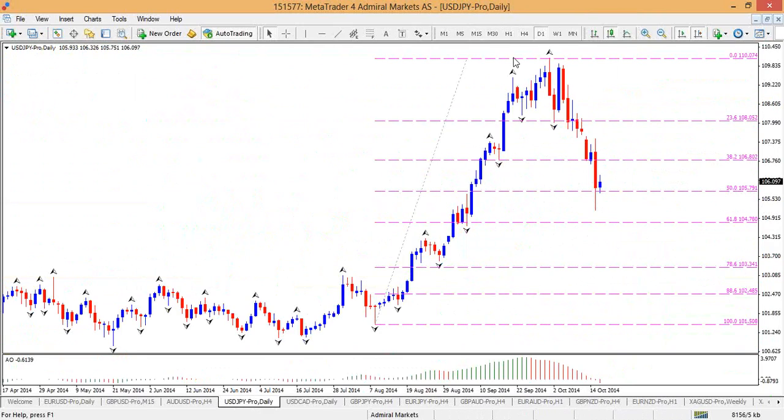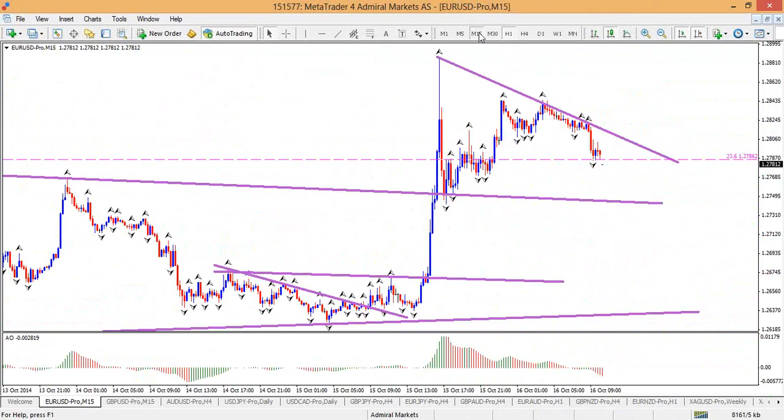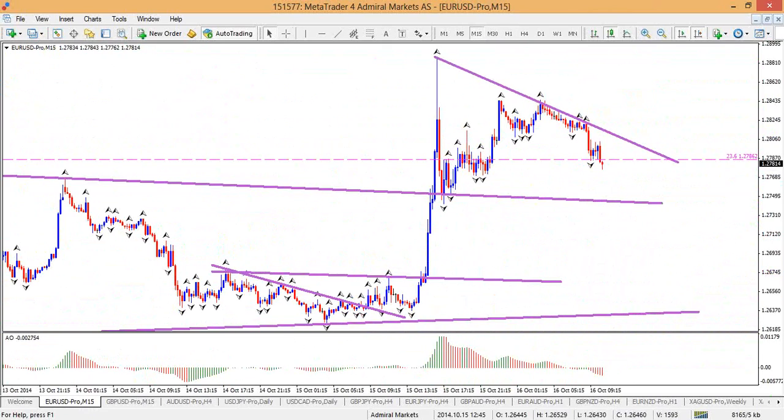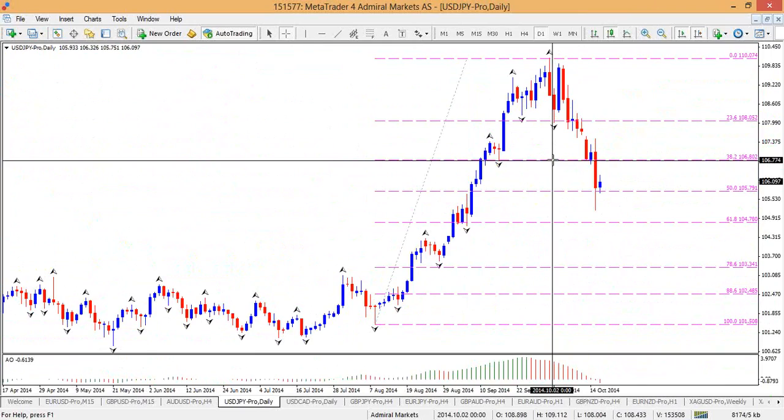The euro dollar is looking more interesting. All right, the dollar yen did something that I didn't expect. I thought price would bounce off the 38.2 fib, and also took a trade at the 38.2 fib and lost that trade.